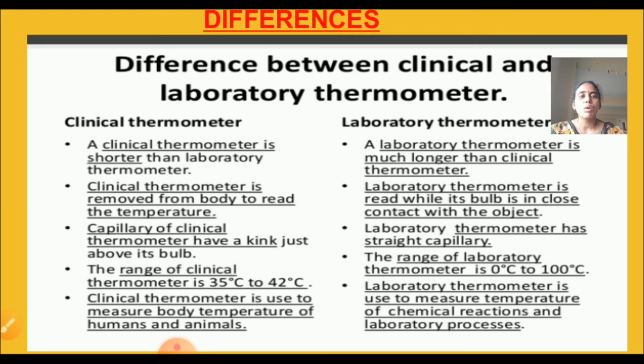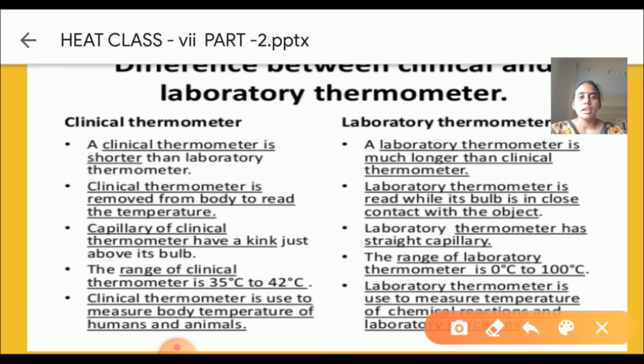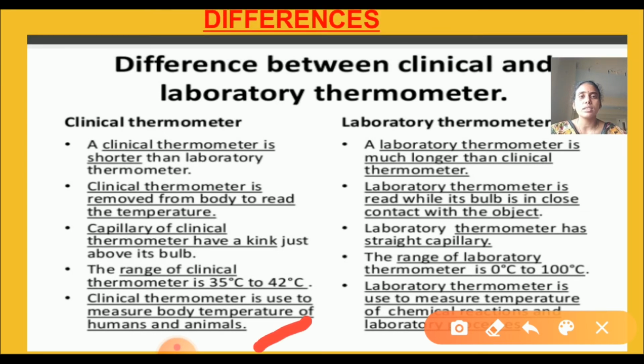The clinical thermometer is also used to measure the body temperature of humans and animals. So now we have discussed that the clinical thermometer only measures the body temperature of humans and animals, and the laboratory thermometer measures the temperature of chemical reactions and any laboratory process.